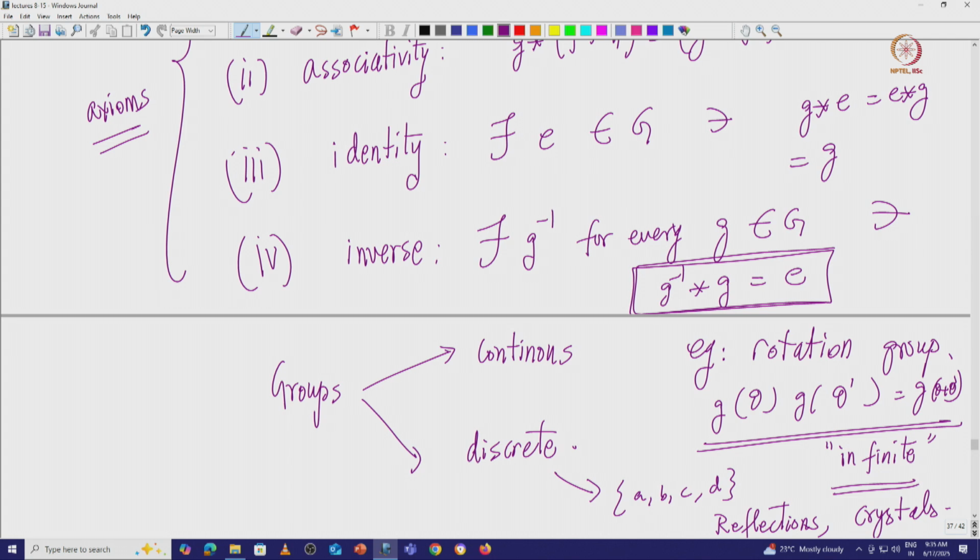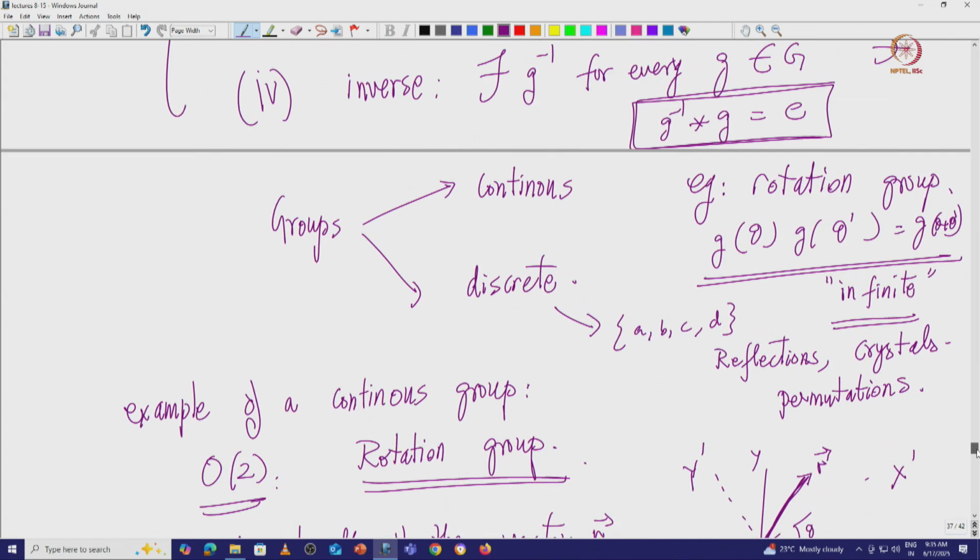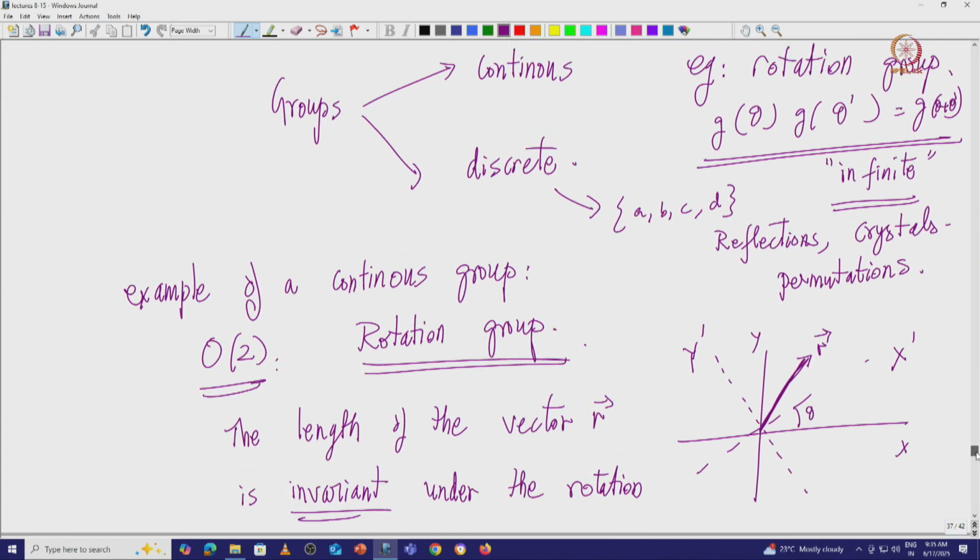So this is the basic idea of a group. Discrete groups are things like reflections, crystal groups, permutation groups and so on, whereas the most important example of a continuous group is the rotation group. There are various other possibilities, but rotation groups are what we are interested in.